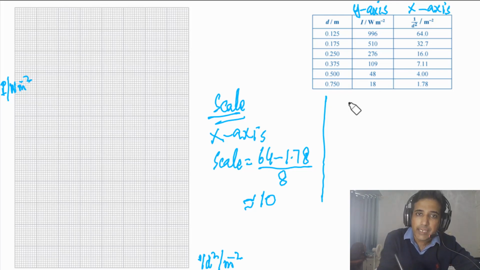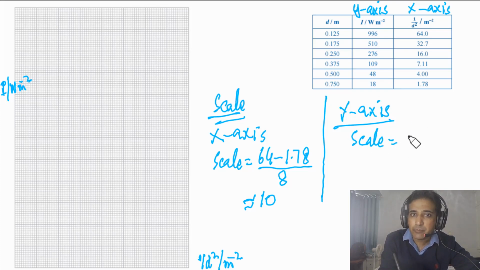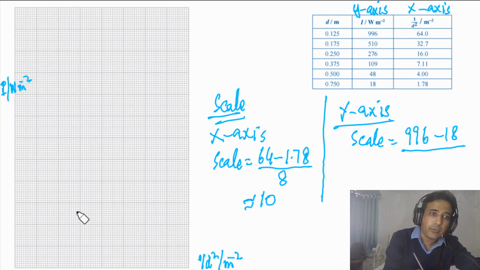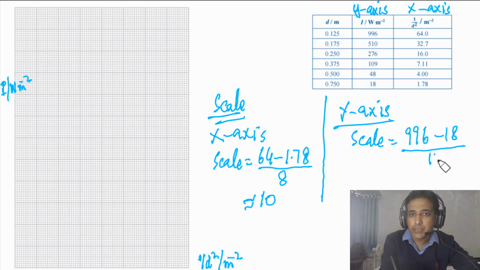Now for the y-axis, we can do the same. For the y-axis, we have a maximum value of 996 and a minimum value of 18. And we need to divide by the number of big squares. Here we have 1, 2, 3, 4, 5, 6, 7, 8, 9, 10, 11, 12. So we can divide this by 12. So this is about 1000 roughly, and this is 12.